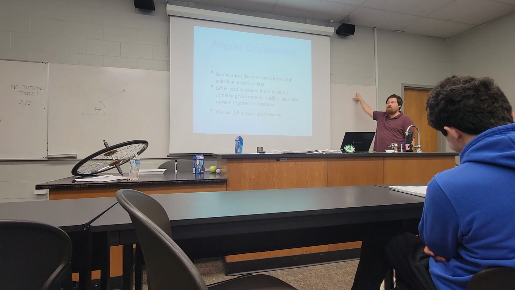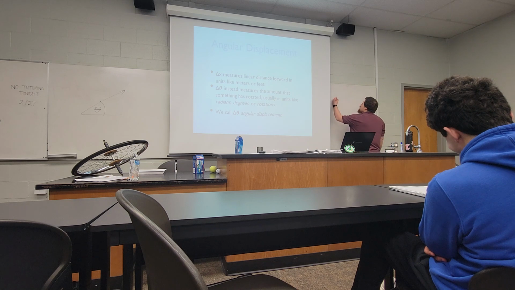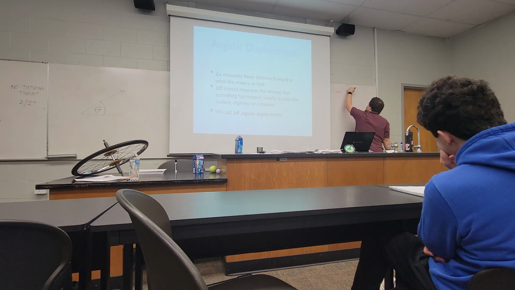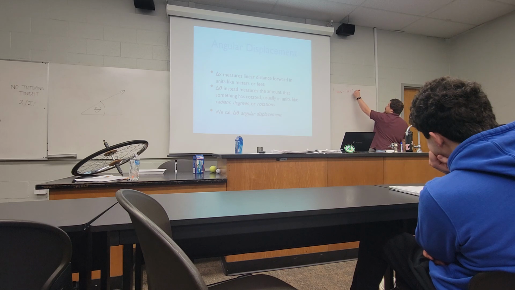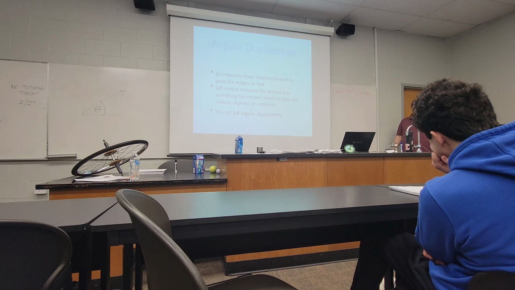You can convert any one of these into the other two. 1 full rotation is equal to 360 degrees, and both of those are equal to a number of radians equal to 2 times pi, the number pi.